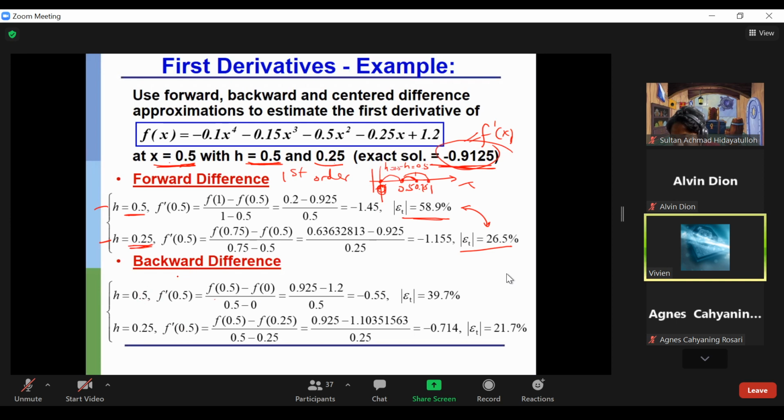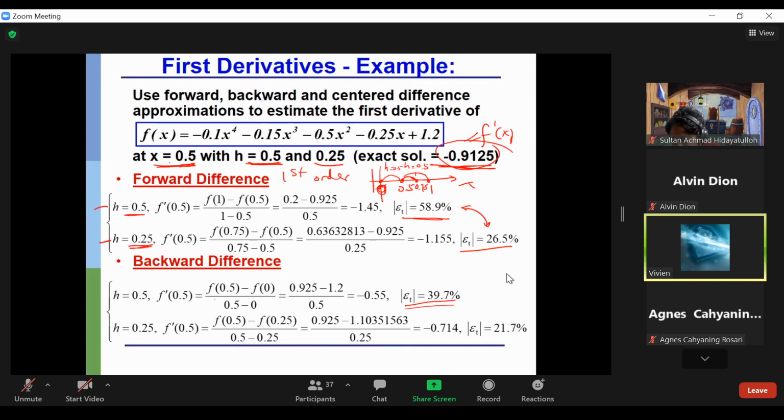So with the backward approach, the first derivative at 0.5 is equal to f at 0.5 minus f at x i minus 1, which is f0, divided by delta x, which is 0.5 minus 0. The result will be minus 0.55, so the true error here is 39.7%.